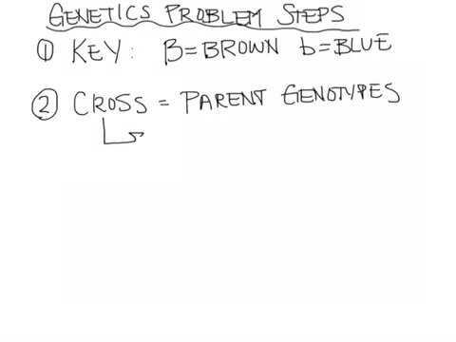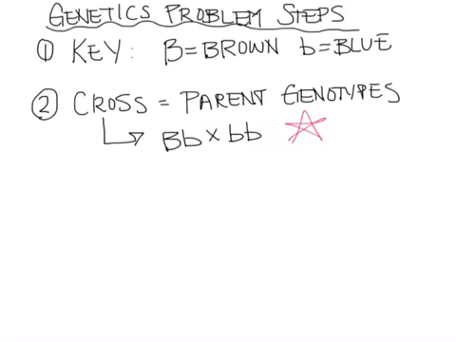For example, in a word problem it'll say something like cross a heterozygous brown feathered bird with a blue feathered bird. This step, it's really important that you double check and make sure you have your cross right, because if you mess up on your cross, the entire rest of your problem is wrong. So always double check your cross before you move on.